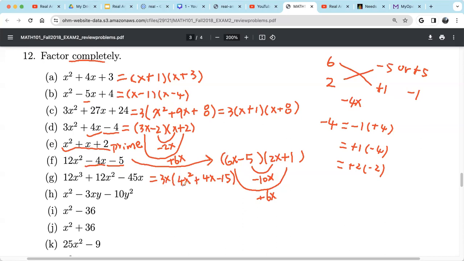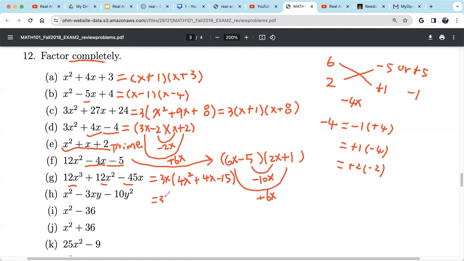So if we multiply 3x with 4x squared, we still get 12x cubed. If we multiply 3x with 4x, we still get a positive 12x squared. If we multiply 3x with negative 15, we get back negative 45x. So that means we did it right.